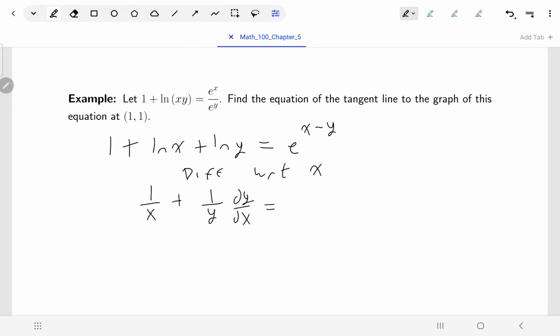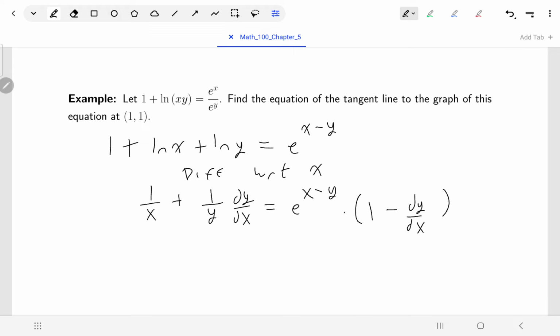For the derivative of e to the anything, it's itself multiplied by the derivative of its exponent. And the derivative of its exponent, the derivative of x is 1, and the derivative of y is dy dx. I'm not going to bother simplifying this and trying to solve for dy dx.